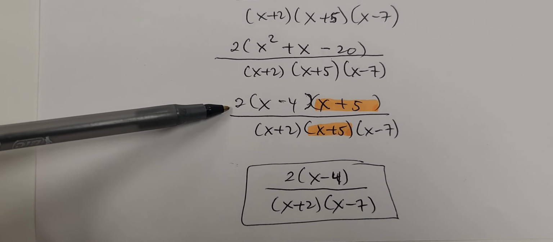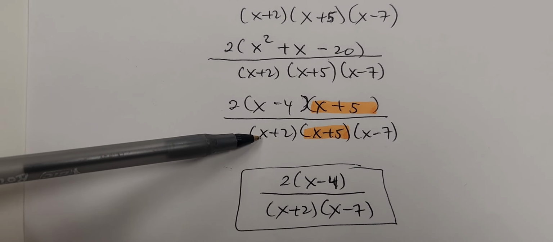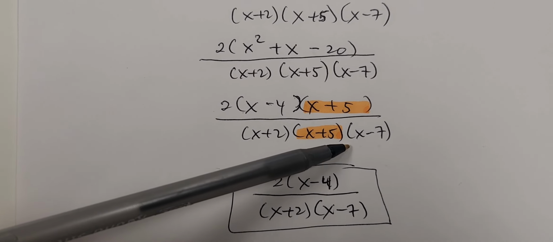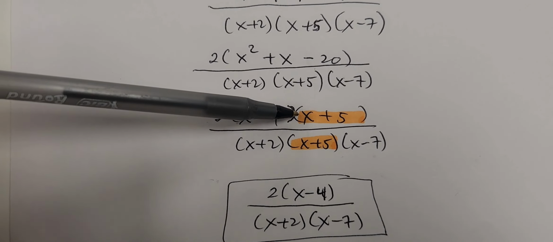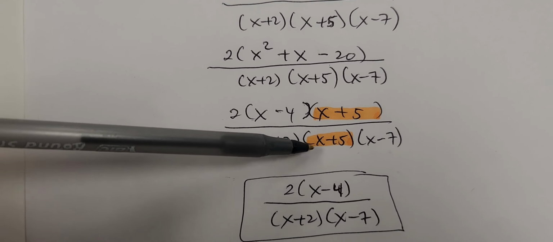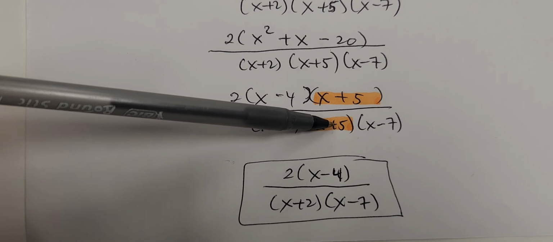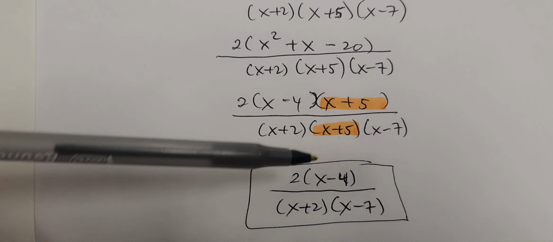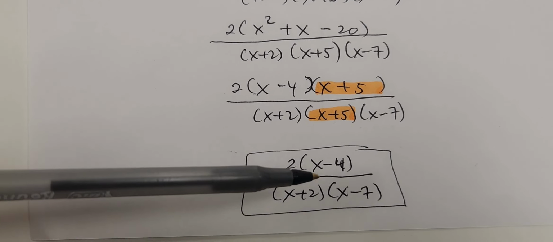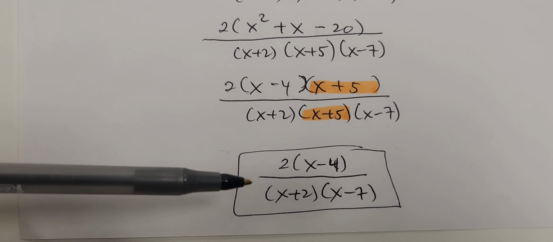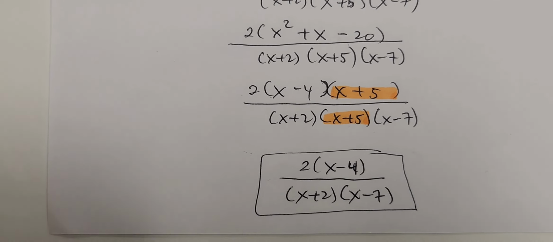I can't cancel the 2, I cannot cancel x minus 4, I cannot cancel x plus 2, I cannot cancel x minus 7, because there's nothing to cancel. However, the x plus 5 and the x plus 5, these two right here can be canceled out. And then I just have this. If I cannot cross out anything, then that is our final answer. So be very, very careful.